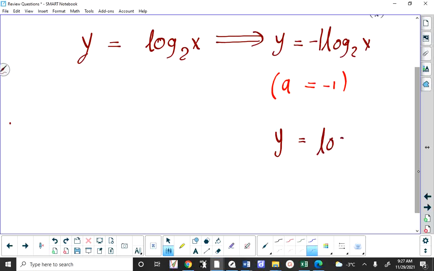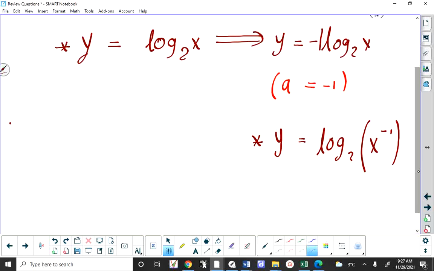It's the same as y equals log base 2 of x to the -1, which when you look at it doesn't appear as though it's a transformation, because when you go from the original function to this one, which is the same as negative log base 2 of x, all we've done is introduce an exponent on the argument.